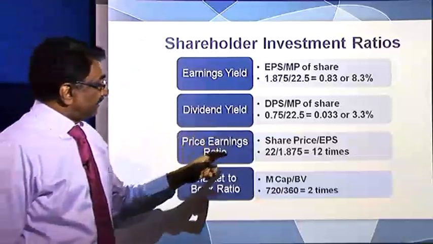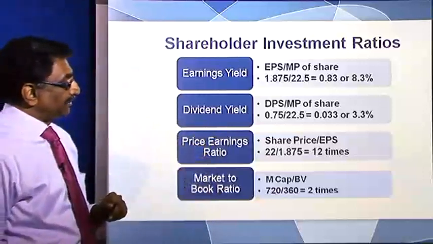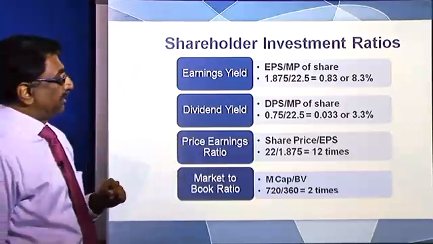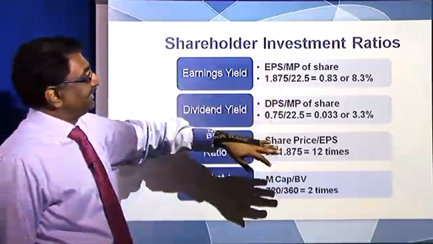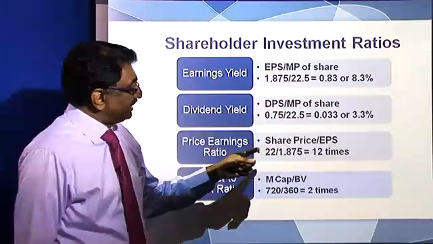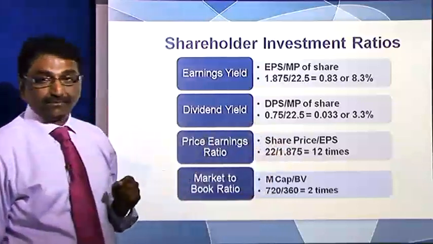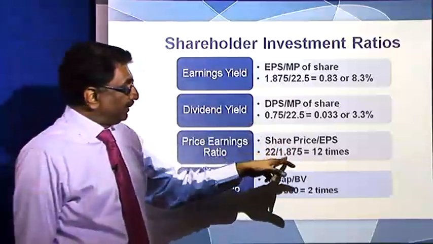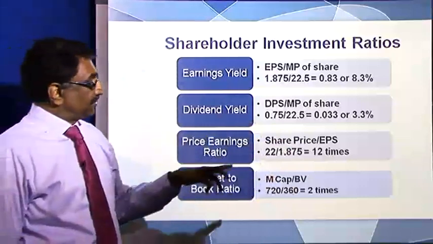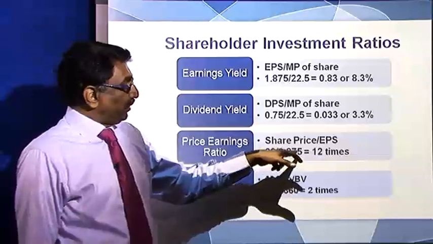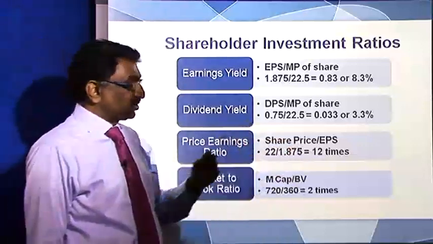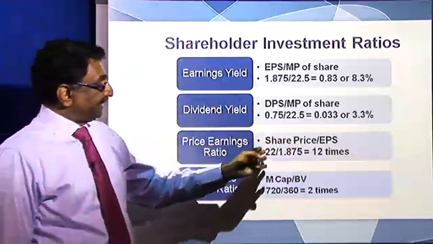The third ratio, a very important and very popular ratio, is what is known as the price earnings ratio or the PE ratio. Now, this is exactly the inverse of earnings yield. It tells you the amount an investor is willing to pay for every rupee of earnings that the company is generating. So, in this case, 1.875 is the earnings per share, and the share value is 22.5.